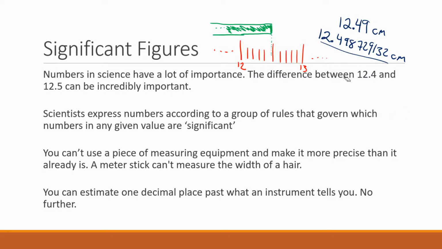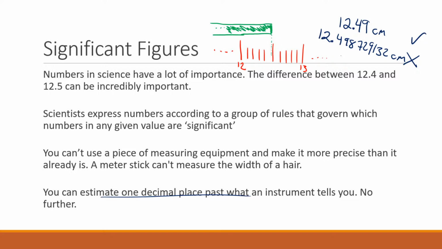I cannot accurately get the millionths place with a ruler that only goes up to the tenths. So that's what we mean when we say we can only estimate one decimal place past. If it gives me the tenths, you can give the hundredths. If it gives you the thousandths, you can guess the ten-thousandths. You're allowed to estimate one place past what the instrument tells you.